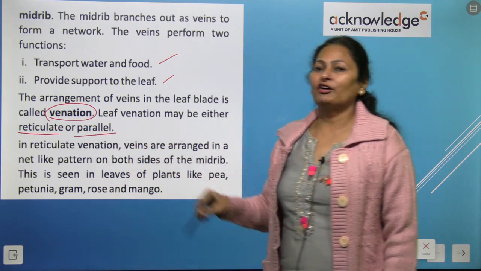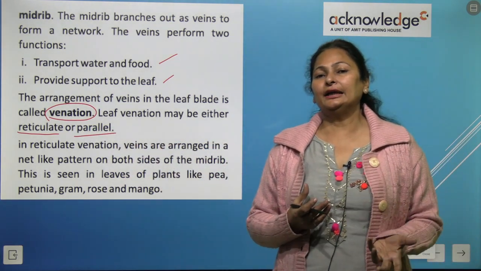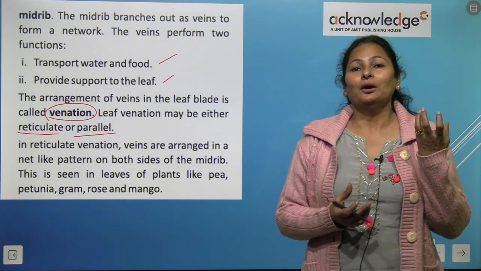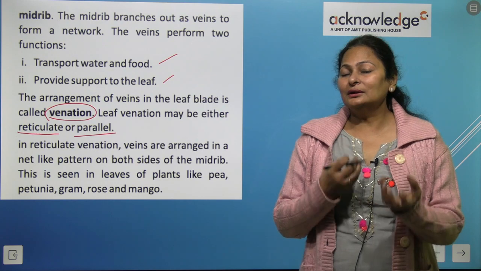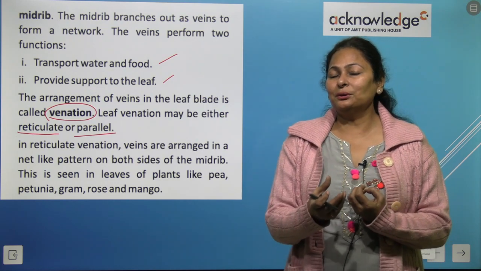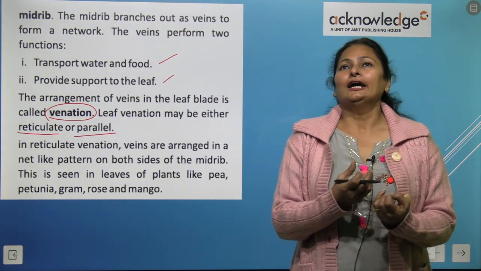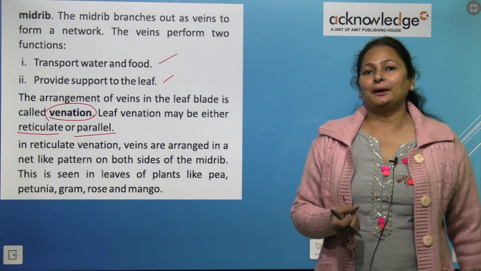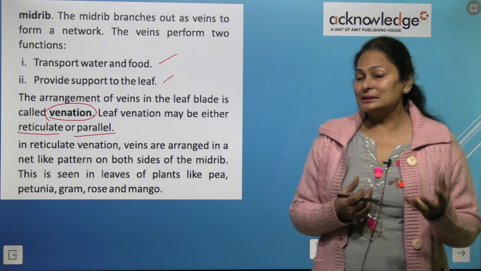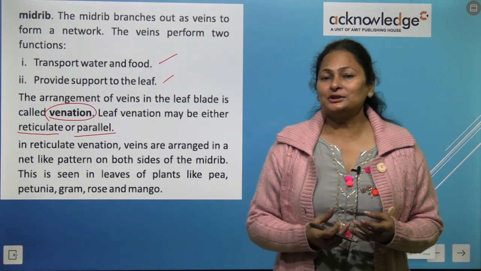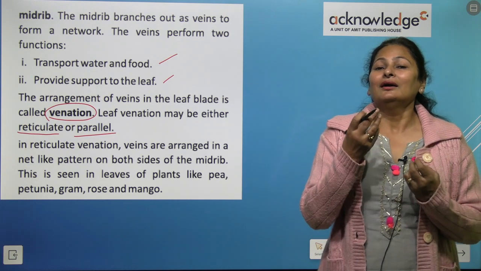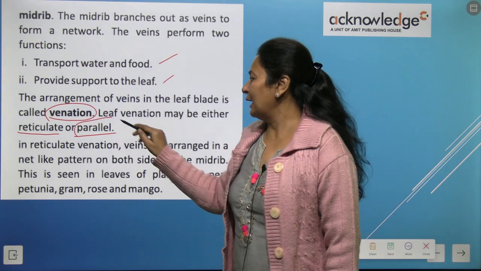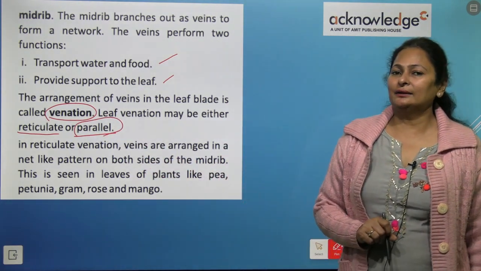Two kinds of venation you'll find in the leaves, and with the venation you can easily guess the root type, whether the plant has a tap root or a fibrous root, just by looking at the network of veins. So two types of networks are present. One is reticulate and another is parallel.